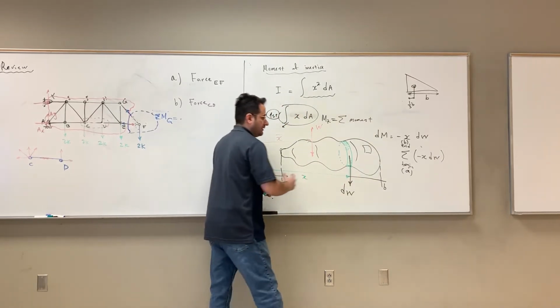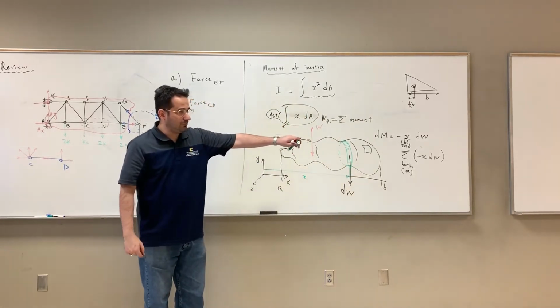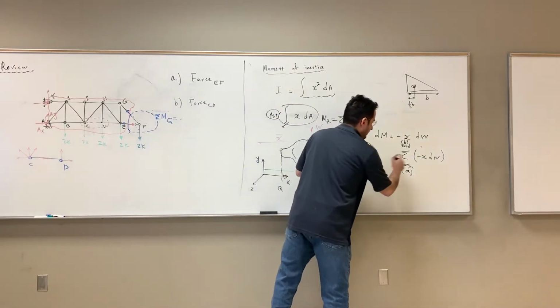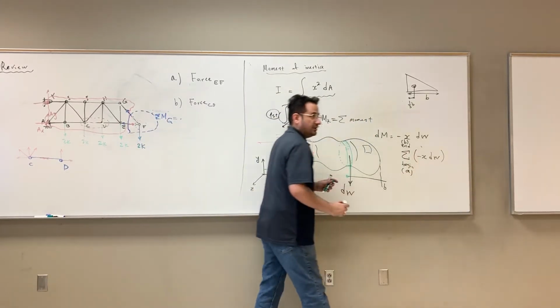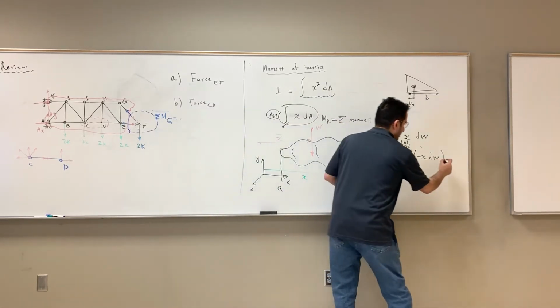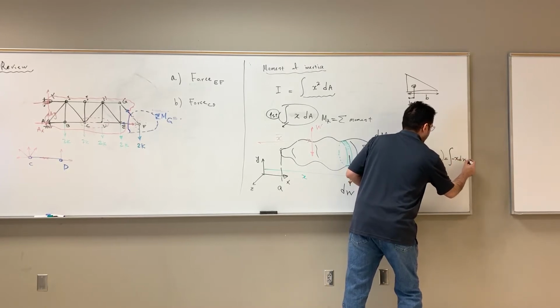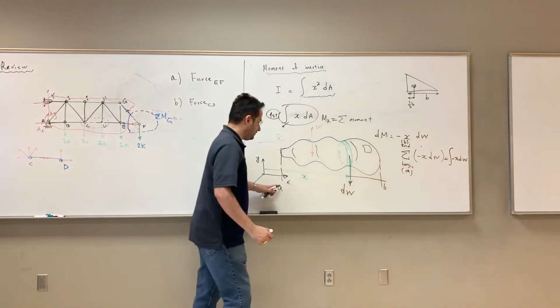If this thickness is very, very small, infinitesimal, what should I do with the summation notation here? What happens to this summation? It becomes an integral. So in fact, this becomes the integral of negative x dW from A to B.